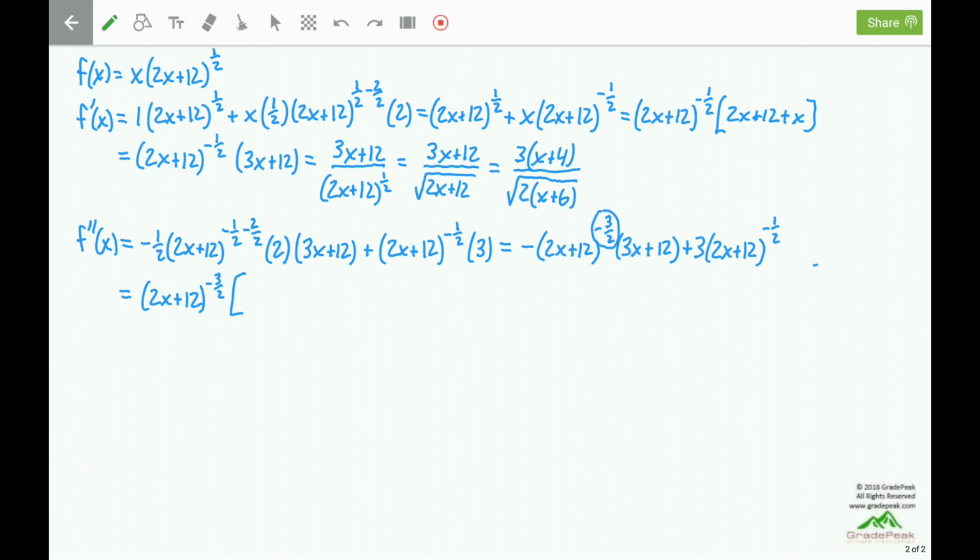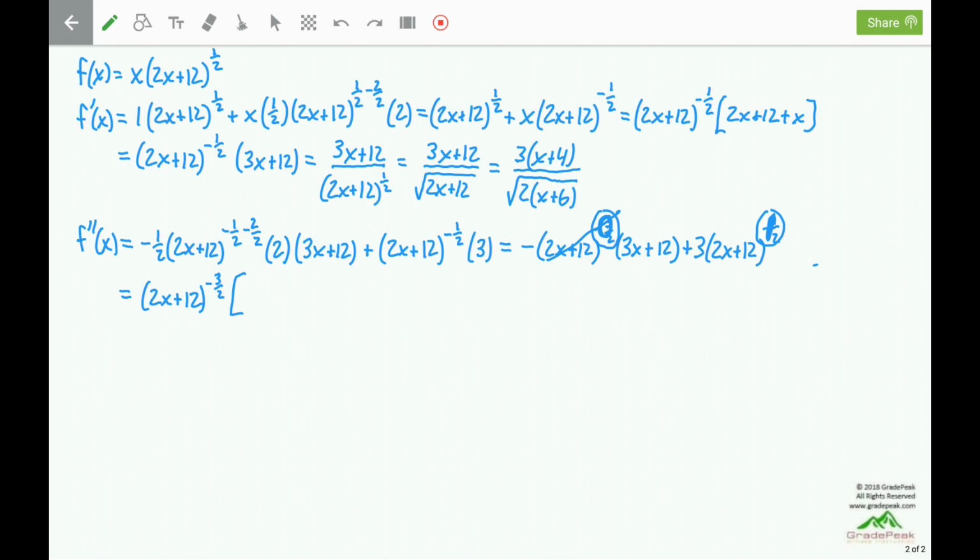Adding a 3 halves to this power, negative 3 halves plus 3 halves, is a 0. And anything raised to 0 is a 1. So all of that will be a 1 times the negative, so negative 1, and then times the 3x plus 12. Adding a 3 halves to this power, negative 1/2 plus 3 halves is 2 halves, or 1. It'll become a power of 1, and so it'll be 3 times 2x plus 12 to the first power, or just 3 times 2x plus 12.